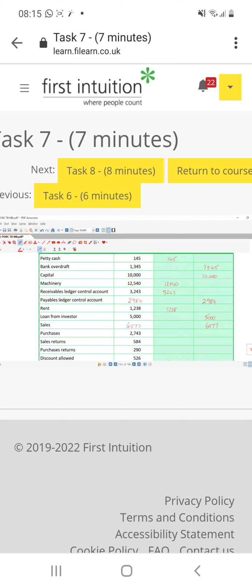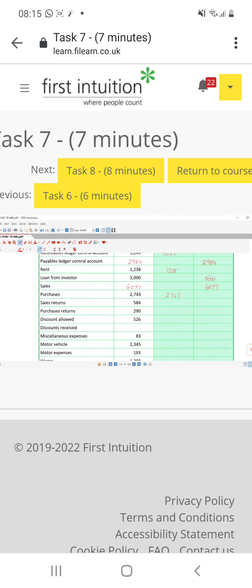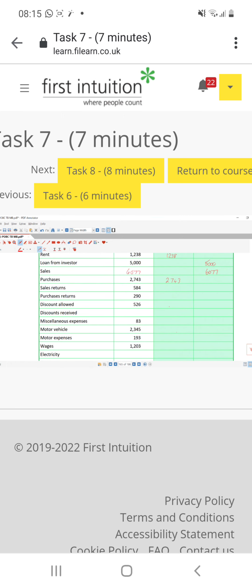Purchases is an expense, so that will be on the debit side of 2743. And just going through all of these here, so for sales returns, so if sales is a credit, our sales returns must be a debit for that 584. Purchase returns will be on the credit side for 290, as purchases themselves are an expense, so therefore on the debit, so the returns must be on the credit.